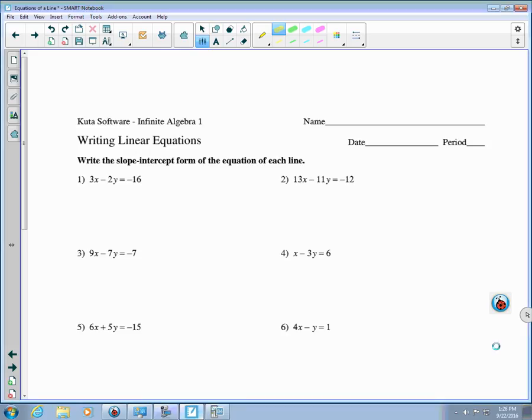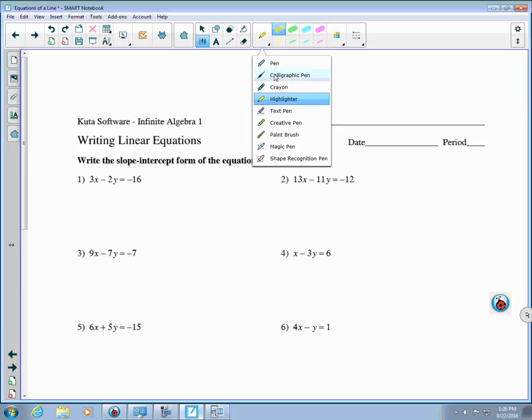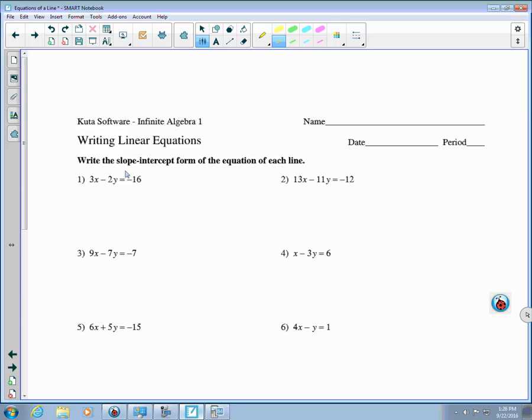All right, so we're going to go ahead. We're only going to do a few from here because you guys can do this very, very well. But I am going to go ahead and highlight what we're doing. Slope-intercept form is the one that you first learned. You learned it in 7th grade, which is y equals mx plus b. Very good. So we're not going to do all of them. We're going to do 1, 3, and 5.